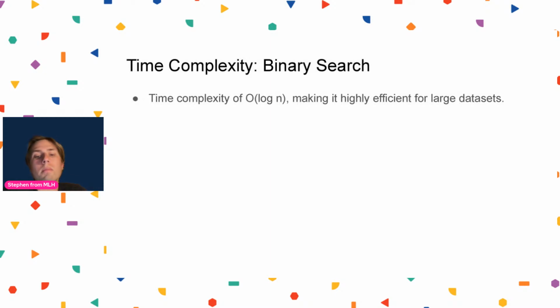So it was logarithmic. And binary search also works on splitting the data, but there's no recombining everything. So instead of n log n, it's just purely log n.